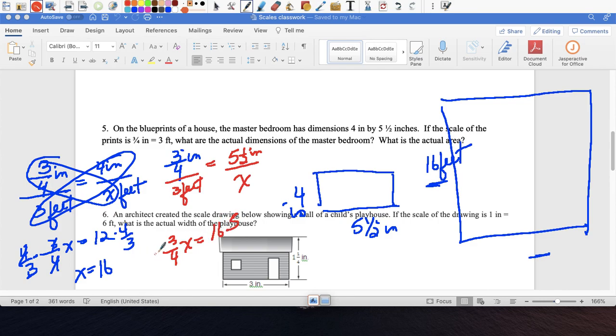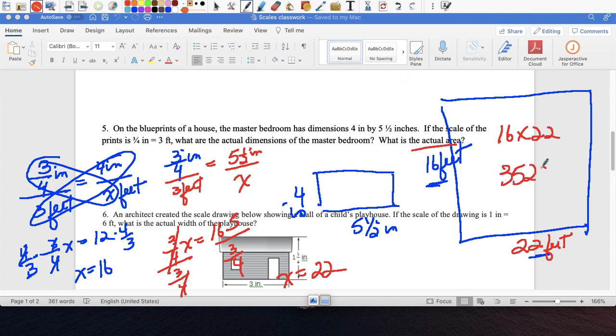So this time around, I'll divide by 3/4. And x equals, well, I have no idea. 16.5 divided by 0.75. And the other side is 22. So x is 22. So the bedroom is a 16 by 22 feet bedroom. But you're not done because we want the area. So we have to multiply 16 times 22. And we get that the area of this is 352 square feet.